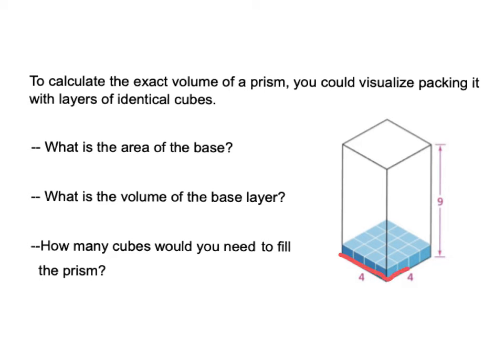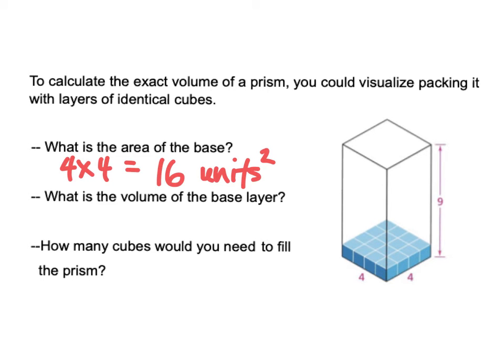So if we were just to look at the bottom part of that rectangular prism, the area would be a 4x4. So it would have an area of 16 units squared. Now the volume of the base layer just means if I put one layer of cubes down, like shown in this picture, if I just put one layer of cubes on that area, what would be the volume?